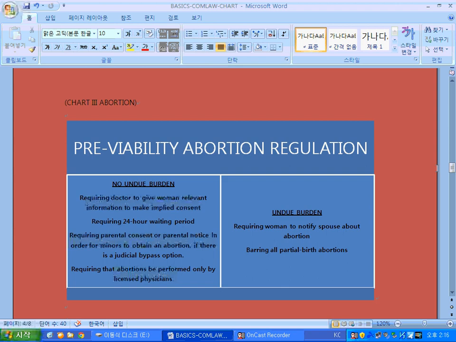The state interest in potential life becomes compelling at viability. A state interest in protecting fetal life after viability may proscribe abortion except when necessary to preserve the life or health of the mother. The Texas statute challenged here is overbroad and cannot be upheld.